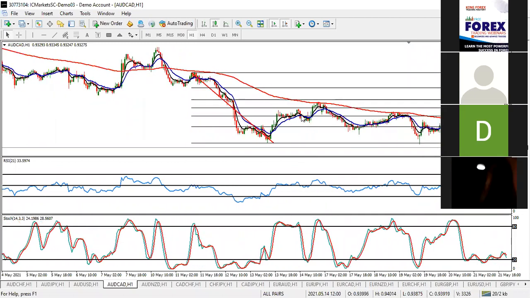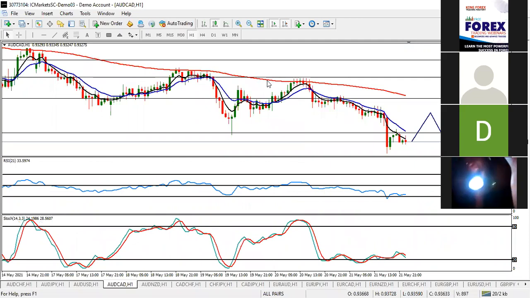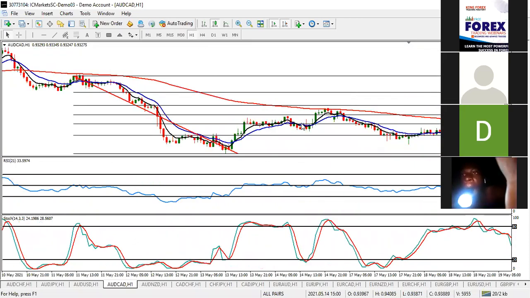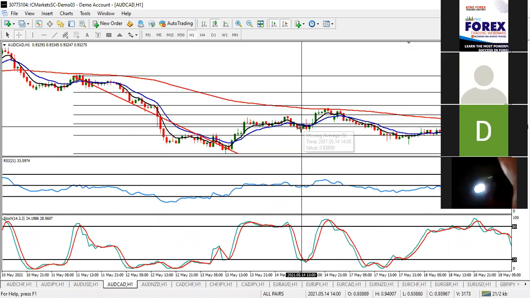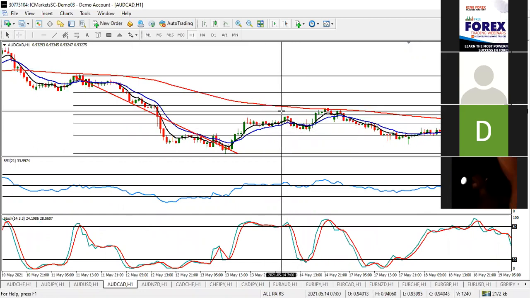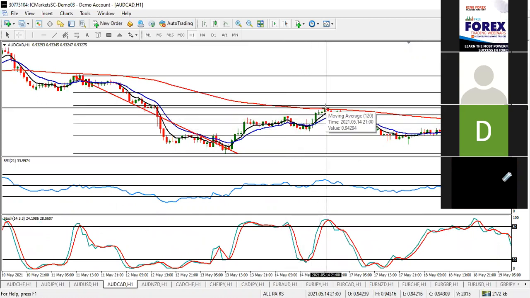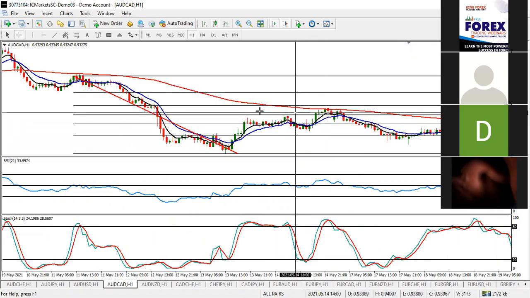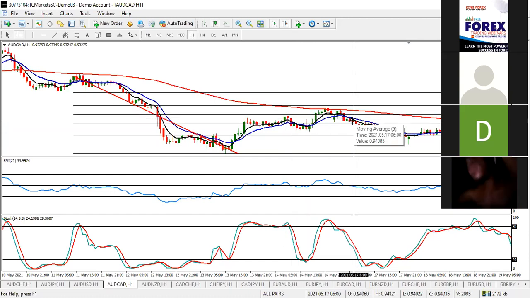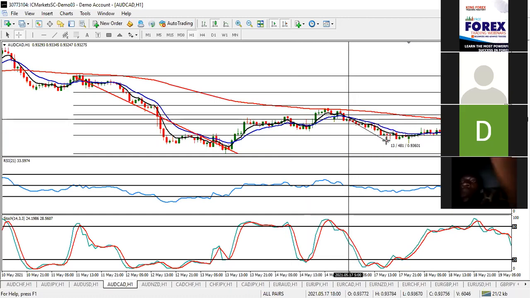We have a cross right here, which would have taken a trade around this place. If we had taken a trade, we would have our stop loss above here. Price went back up again and hit us out in stop loss. Then it came back and went down a little bit, about 44 or 45 pips.